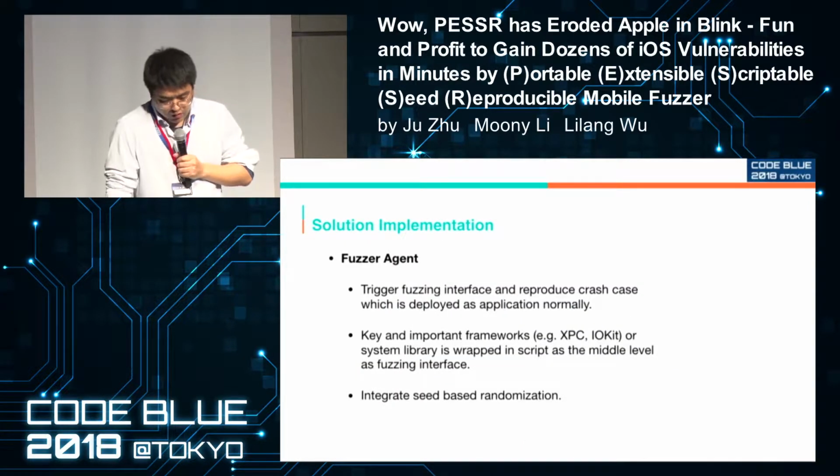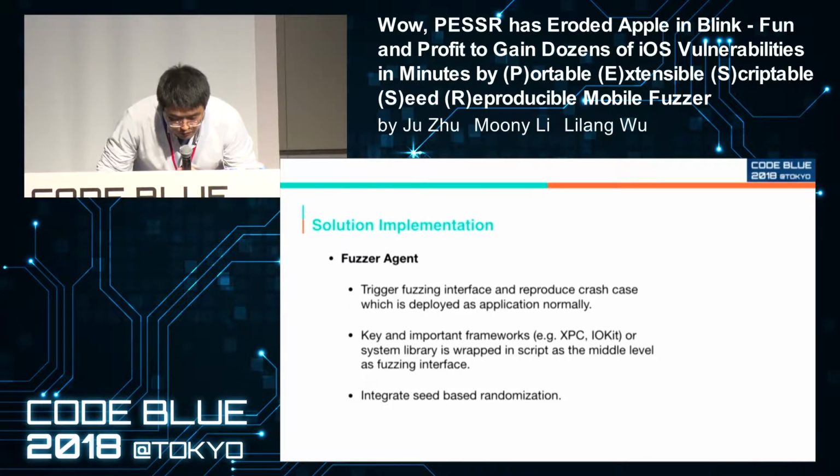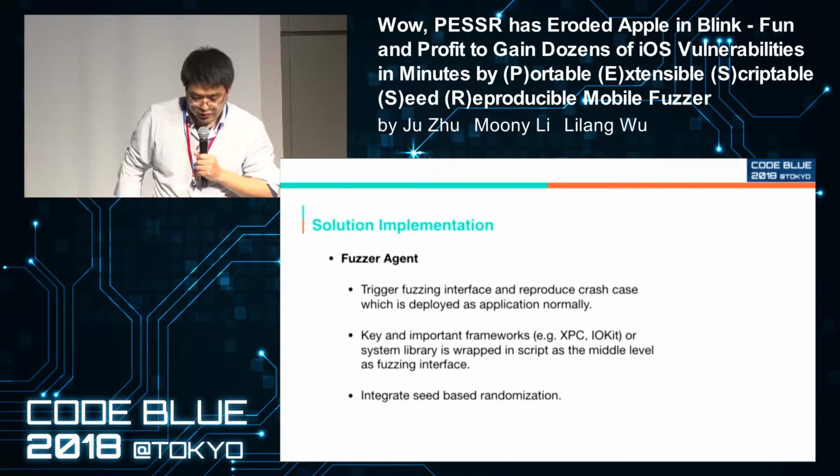About the fuzzing agent, the main function is to trigger the fuzzing interface and reproduce the crashes.